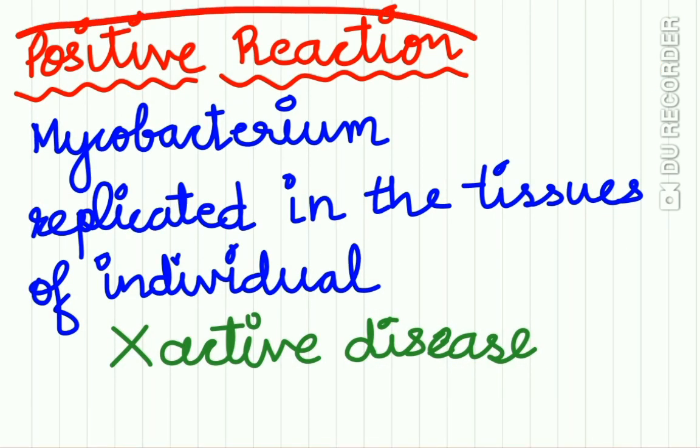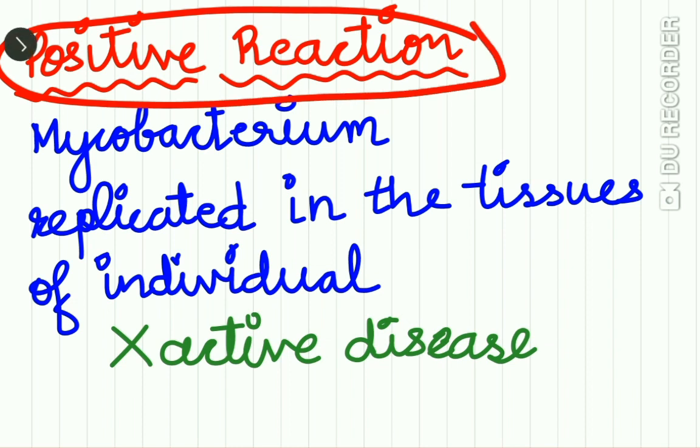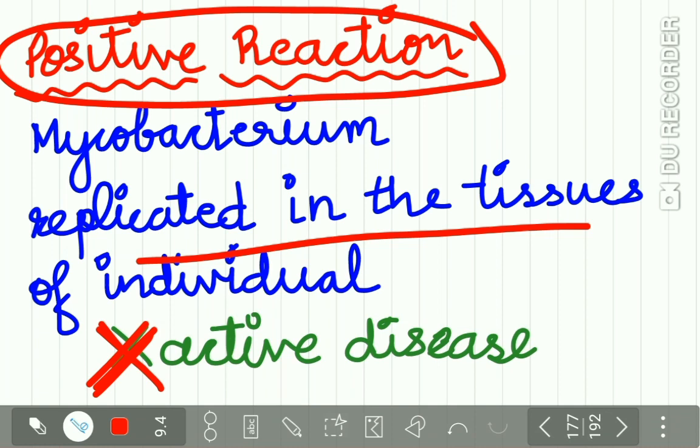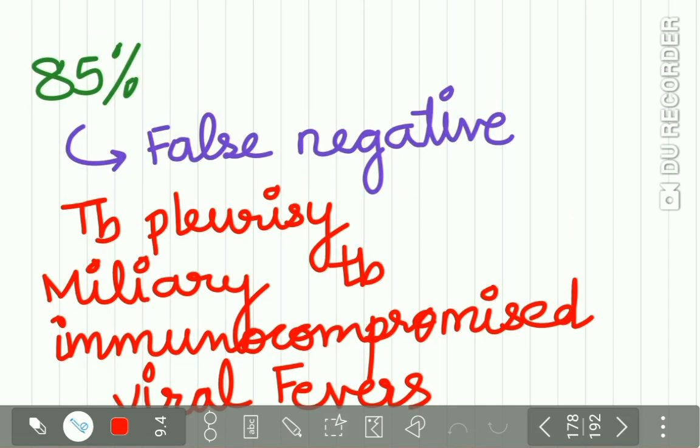Now, the positive reaction by Mantoux test shows that the mycobacterium has at some time replicated in the living tissues, but it does not definitely confirm an active disease. So it confirms that in that tissue the mycobacterium had replicated at some point of time.